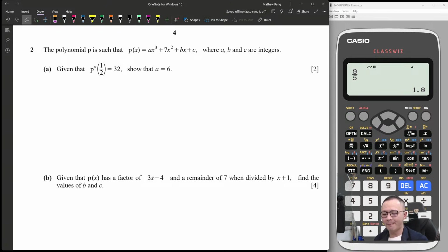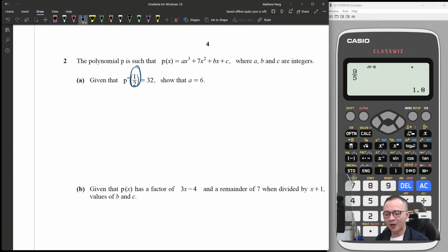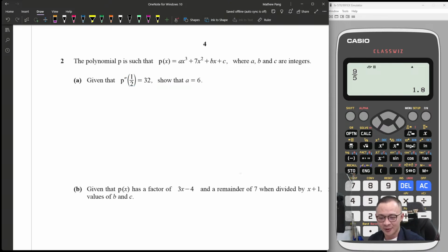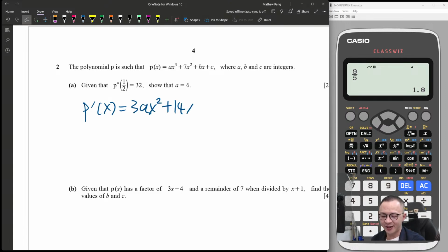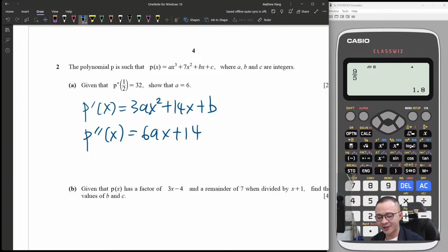Okay, so differentiate 2 times, sub 1/2 into it, and then it equals to 32. So let's differentiate then. Differentiate the first time first. So I get 3ax squared plus 14x plus b. Then I differentiate a second time. I get 6ax plus 14. Then I will sub 1/2 into this equation.